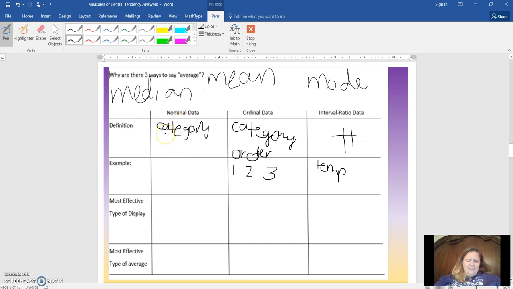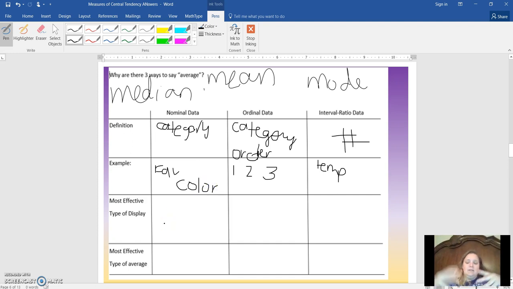Nominal has no order. So it'd be like religious affiliation or your race. One race is not better than the other, so there's no order. Categories might be like, what's your favorite color? Something without order. So one color is not better than the other.